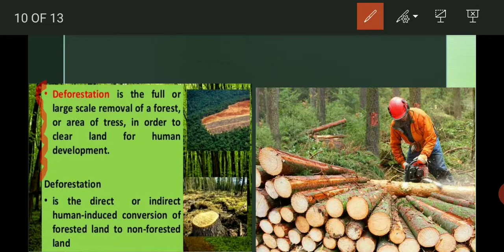Deforestation is the direct or indirect human induced conversion of forest land to non-forested land, and afforestation is the opposite, where there is no forest and you start to plant trees until it becomes a forest. This is known as afforestation.